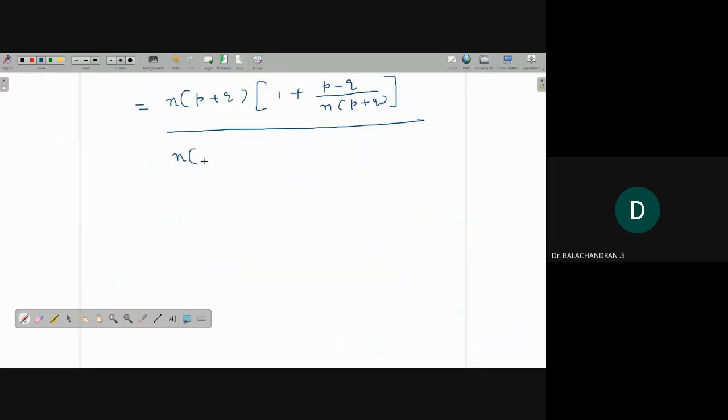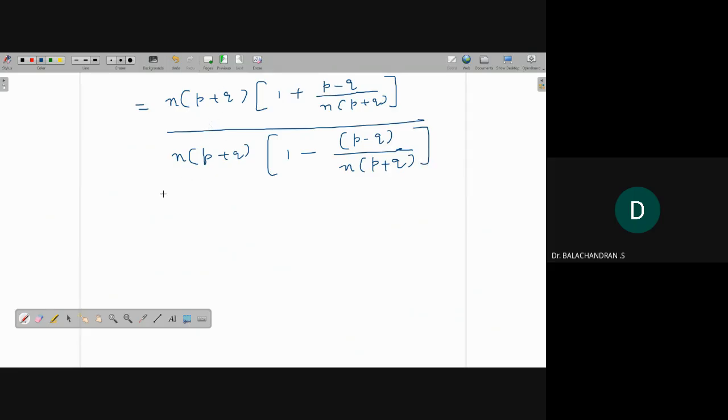One minus of P minus Q divided by n into P plus Q. So you can cancel these two.